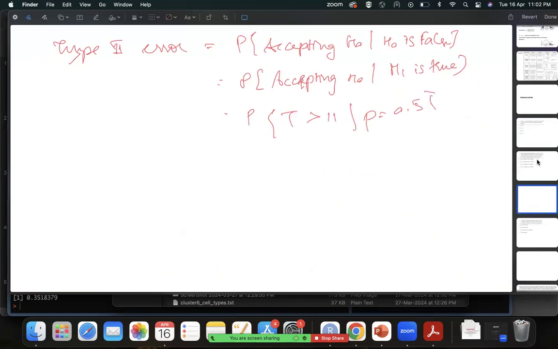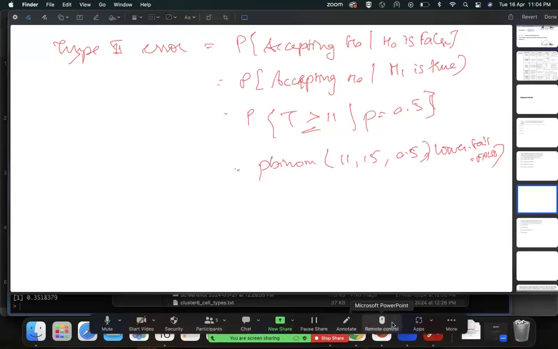0.5. So you can do this the same way. You just have to do pbinom. Previously we did 1 minus pbinom. Here you just do pbinom 11 comma 15 comma 0.5, with lower.tail false because you still have a greater than sign.